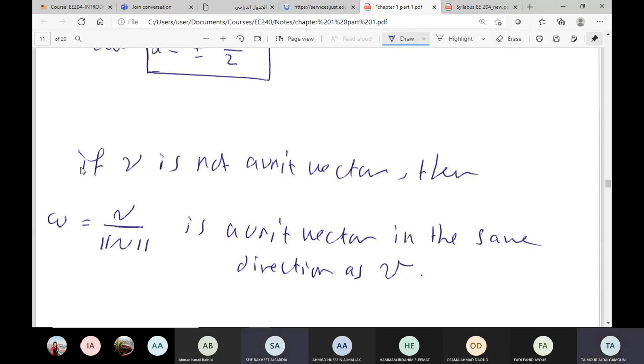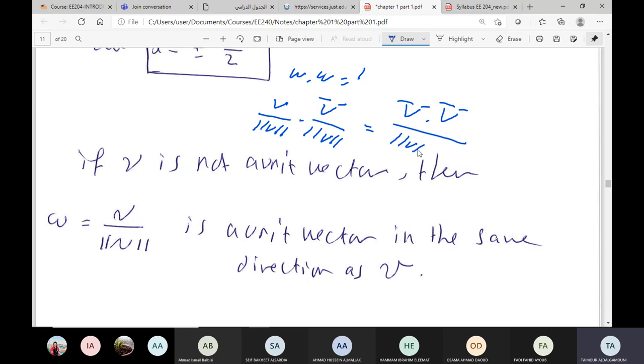If we want to prove that W is a unit vector, then W dot W must be equal to 1. Right? So if we take W dot W, this is V divided by the norm of V dot V divided by the norm of V. Then we will have V dot V divided by the norm of V square.